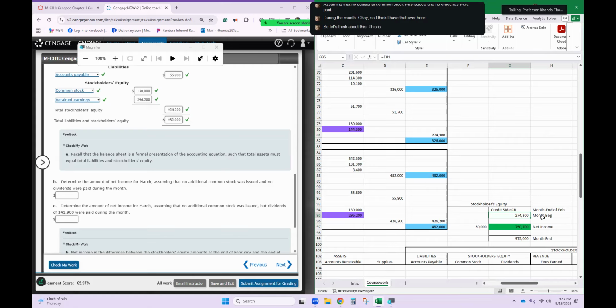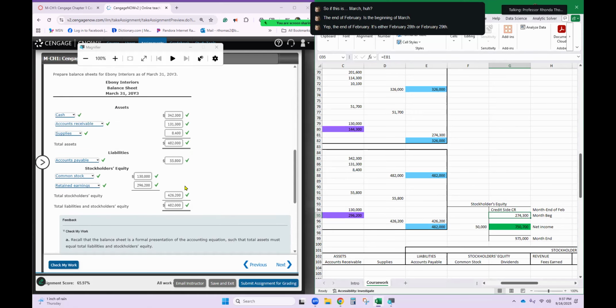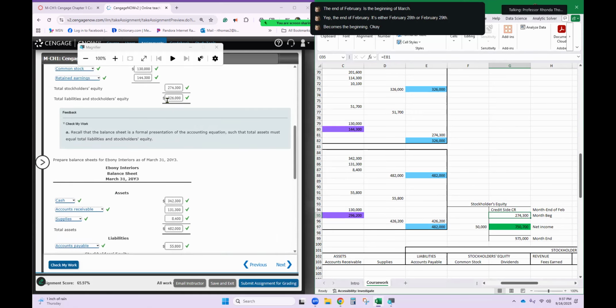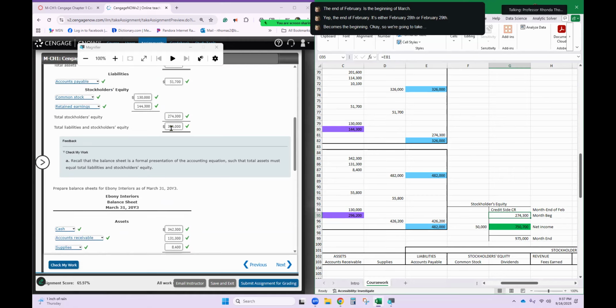So if this is March, the end of February is the beginning of March. It's either February 28th or February 29th that becomes the beginning. So we're going to take this number here, 274,300.